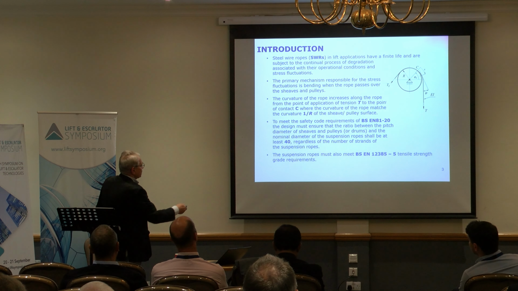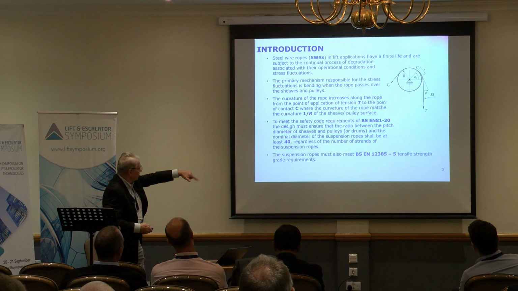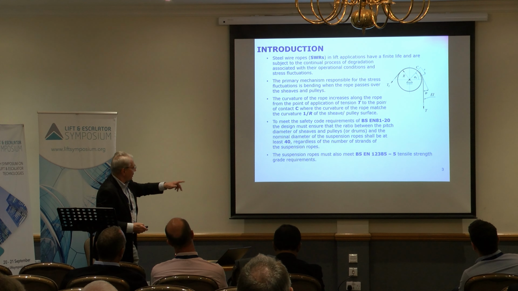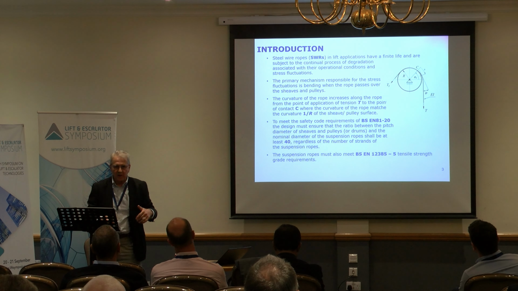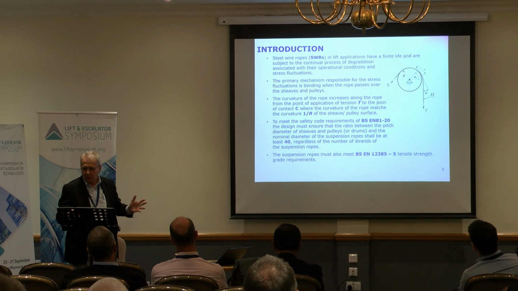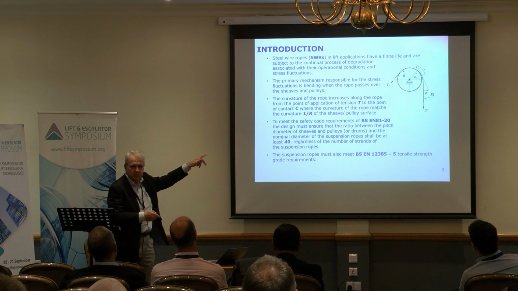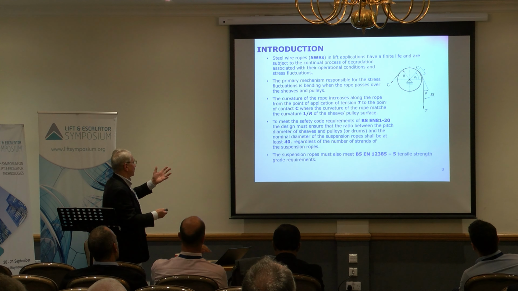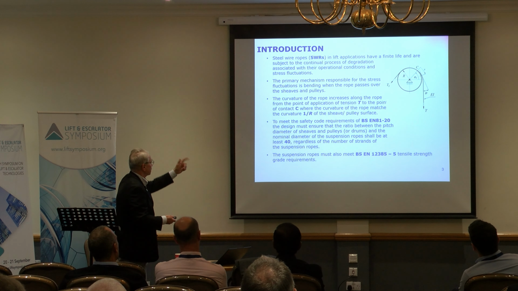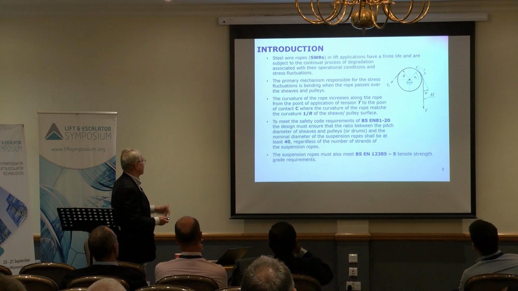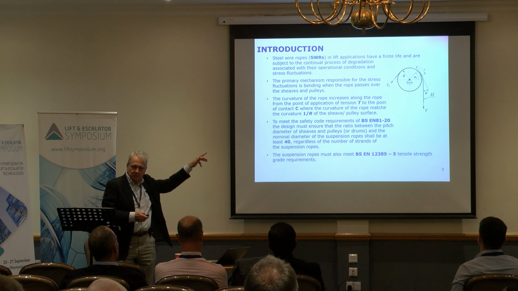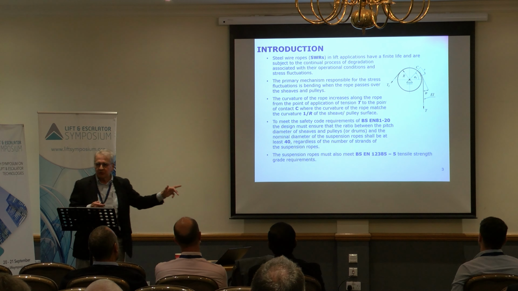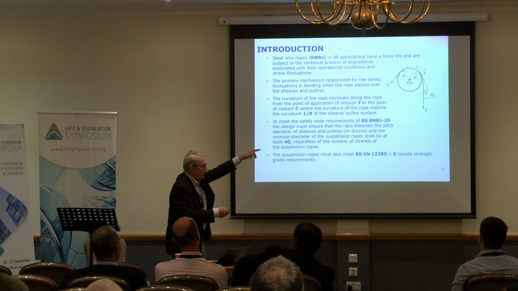Yeah, sorry. So the tension at the bottom is T. When the rope is moving up, the curvature is changing from 0 or close to 0 to 1 over R over the sheave, where R is the radius of the sheave or pulley. So we are looking at the contact point here, potentially, not always, at the horizontal line.